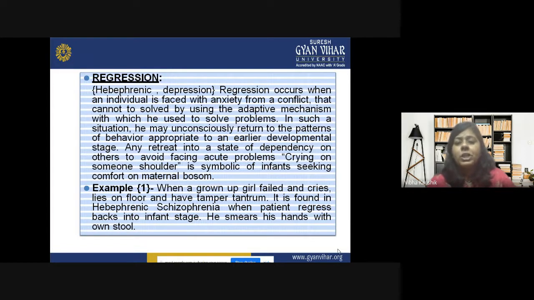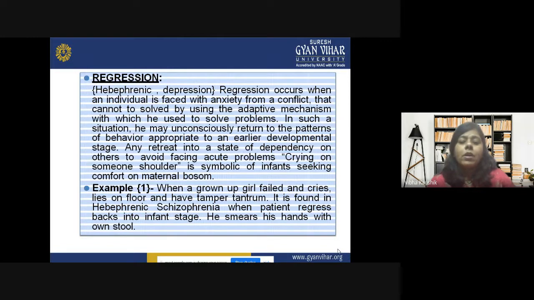In that situation, he may unconsciously return to patterns of behavior appropriate to an earlier developmental stage, and he retreats into a state of dependency on others to avoid facing acute problems.